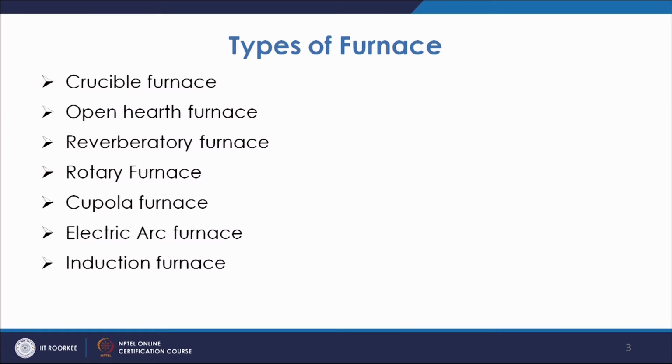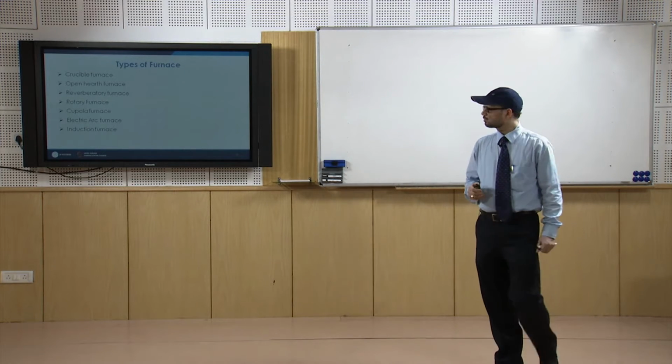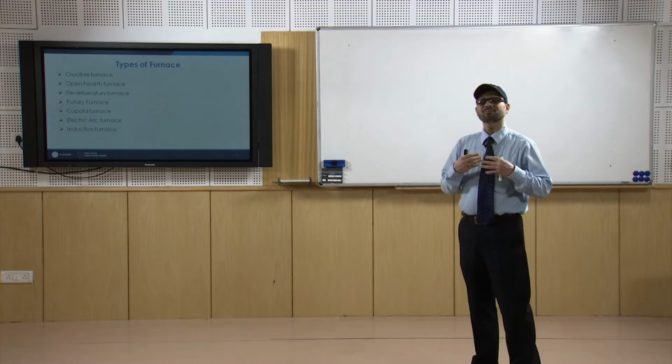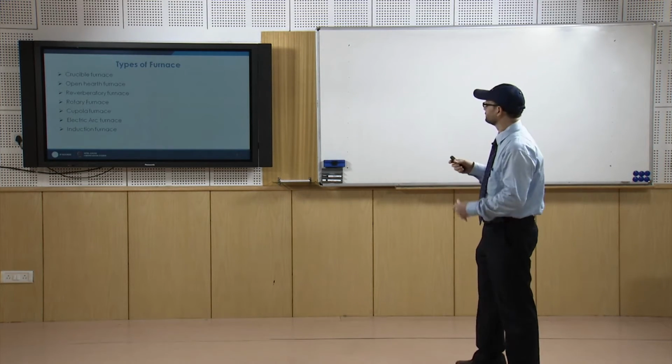First of all, these are the different types of furnaces we will discuss today: crucible furnace, open hearth furnace, reverberatory furnace, rotary furnace, cupola furnace, electric arc furnace and induction furnace. Let us see what these furnaces look like and what their features are.